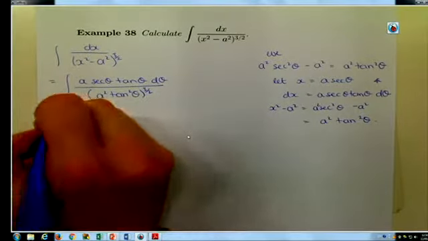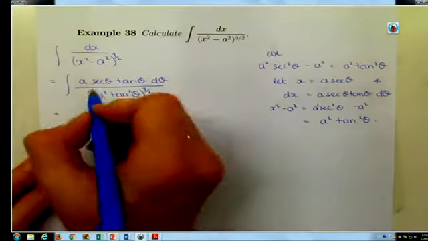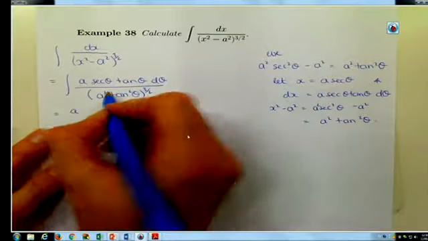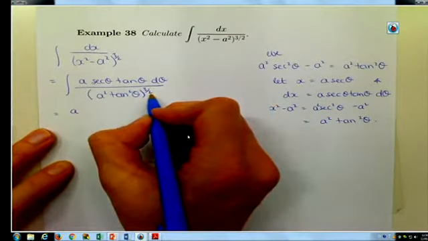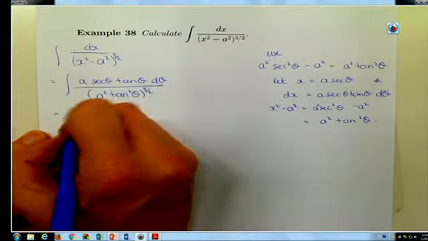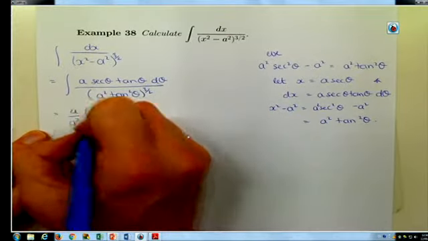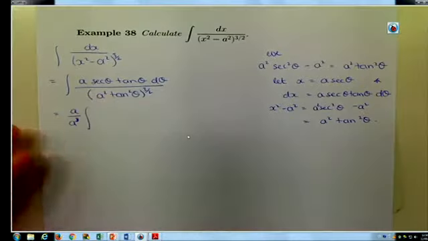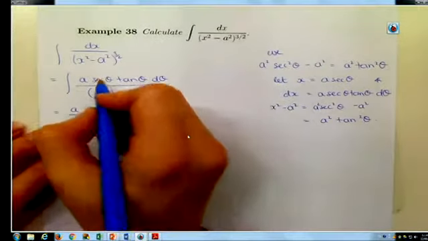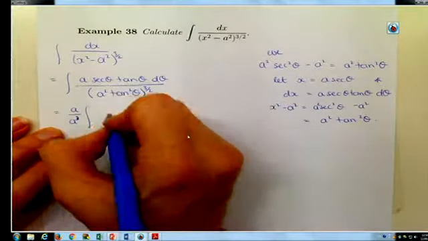Okay? So I'm just going to deal with the a's first. So this a can come out the front, and this a here, I've got an a squared. The 2 on the bottom line means a square root, so that gives me an a, and then I want to have the third power of that, so that's a cubed. Okay, now sec theta is like 1 over cos.